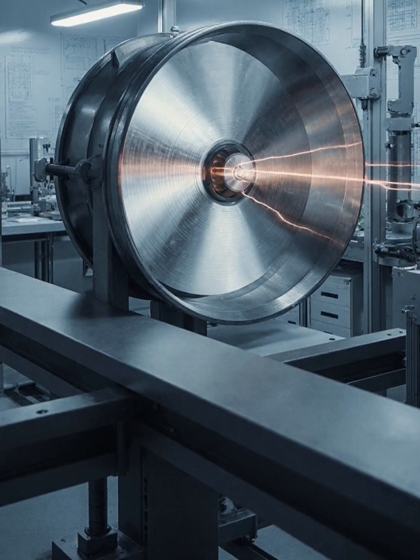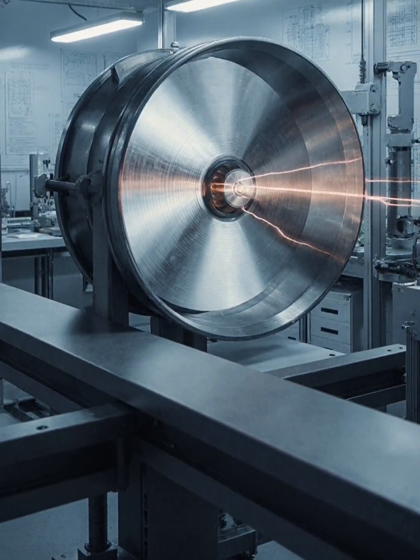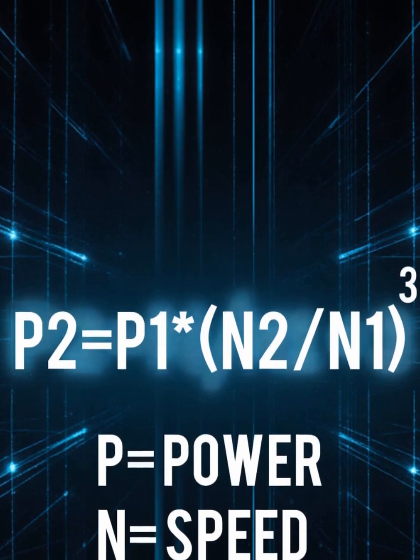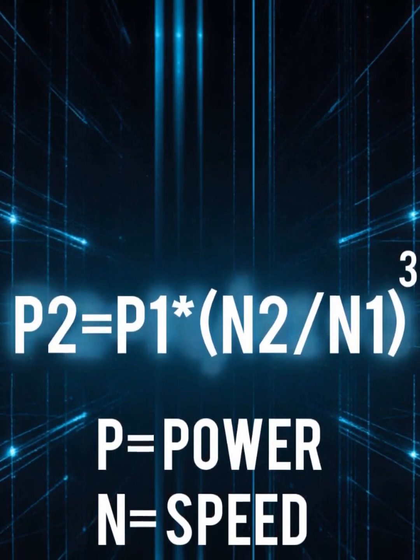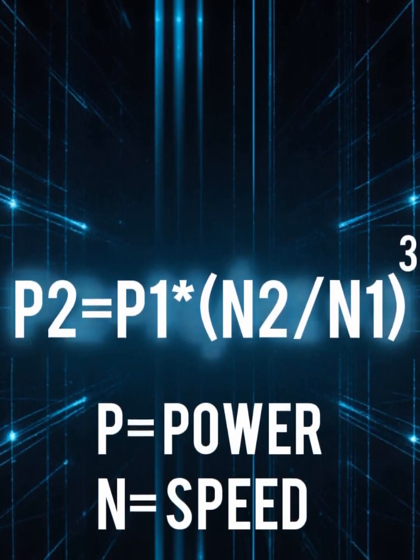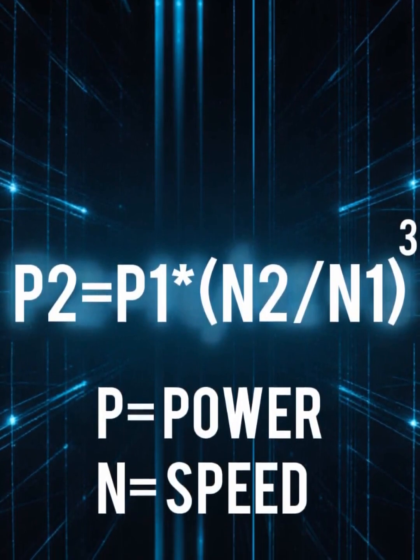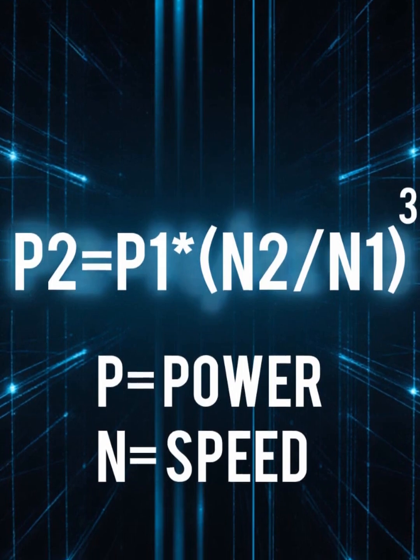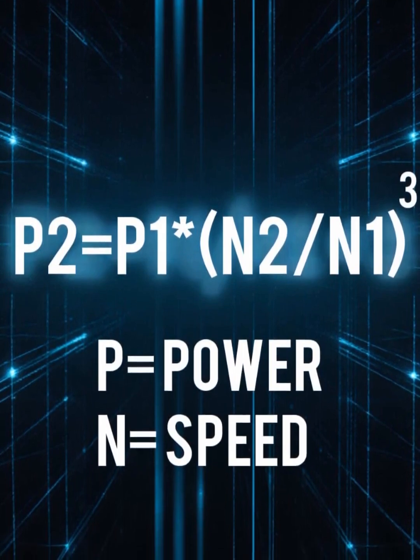The third affinity law describes the relationship between power and speed in rotating equipment. The formula is P2 equals P1 times N2 divided by N1, the whole power 3, where P is power and N is speed.